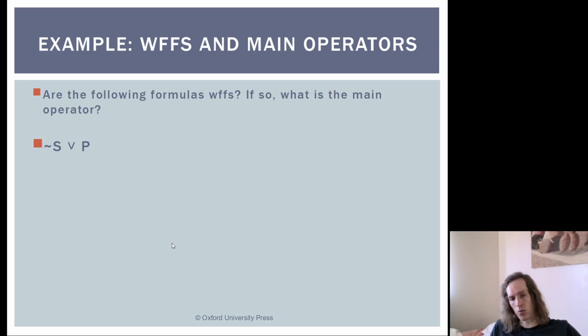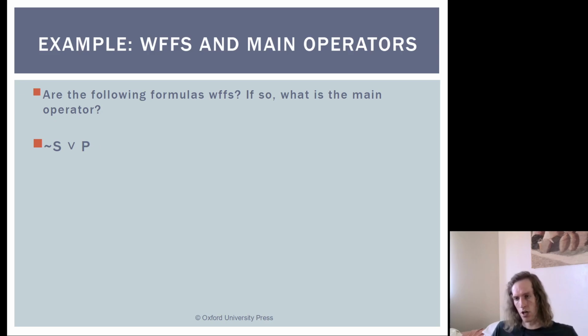However, if there were parentheses around the S and around the P, and the tilde was outside of the parentheses, then the tilde would be the major operator. Right now this reads not S or P, but if the tilde was on the outside and the parentheses were closing off S or P, then it would read, it is not the case that S or P. It's just a difference in how they're moved around.